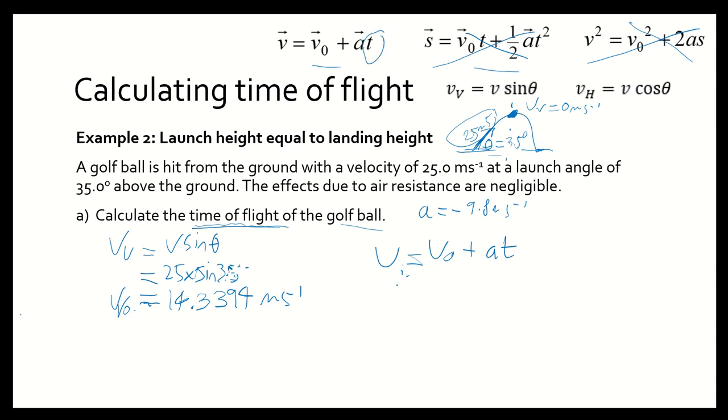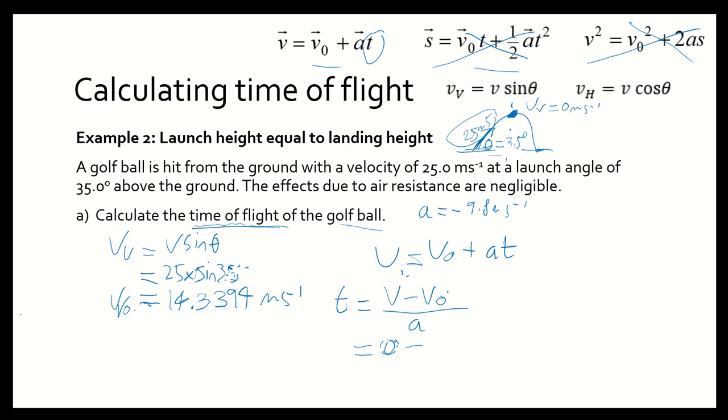So we can take v0 from both sides, so it'll be v take v0. And we can divide by the a. And we'll get the time is equal to v take v0 divided by a. We can then substitute our known information into our equation, and our final velocity is 0 at the top of its path.